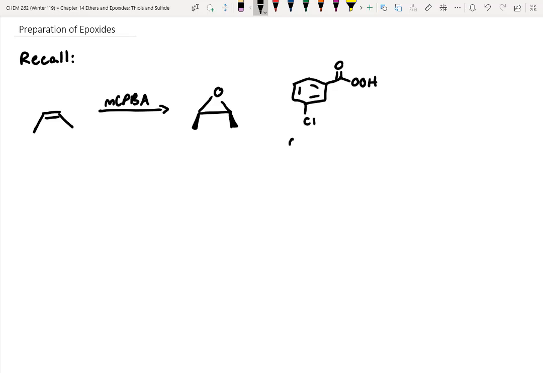So if you remember, like Armand, it's metachloroperoxybenzoic acid, also known as MCPBA. So that's one method that you can use to make peroxy acids.